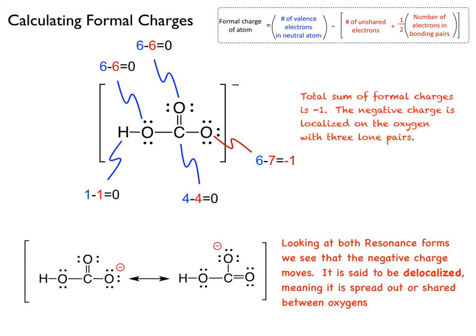What we can see now with our formal charge is that the negative charge is also shared between those 2 oxygens. A lot of times you'll hear chemists express this by saying the negative charge is delocalized. It's not just on one oxygen, it's shared between both of those oxygen atoms. You can see that with the formal charges and the negative charge I've drawn in on the structures here.